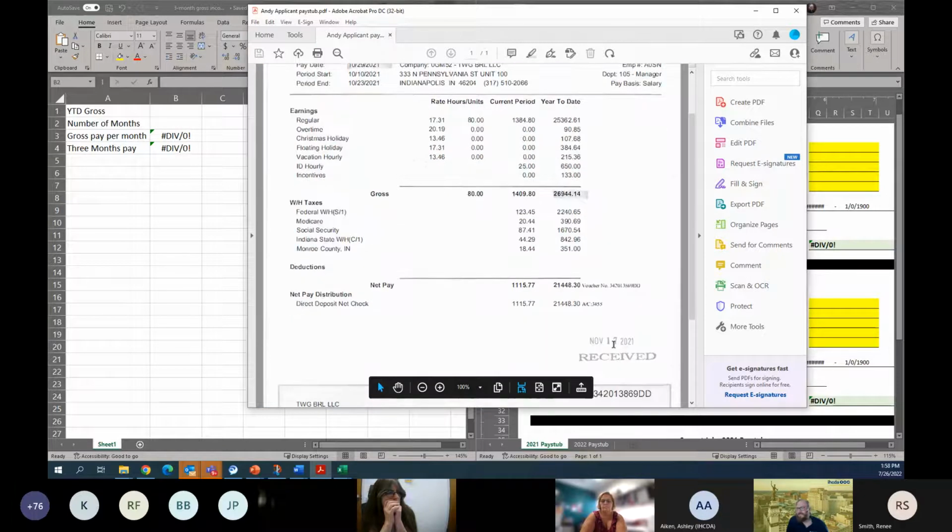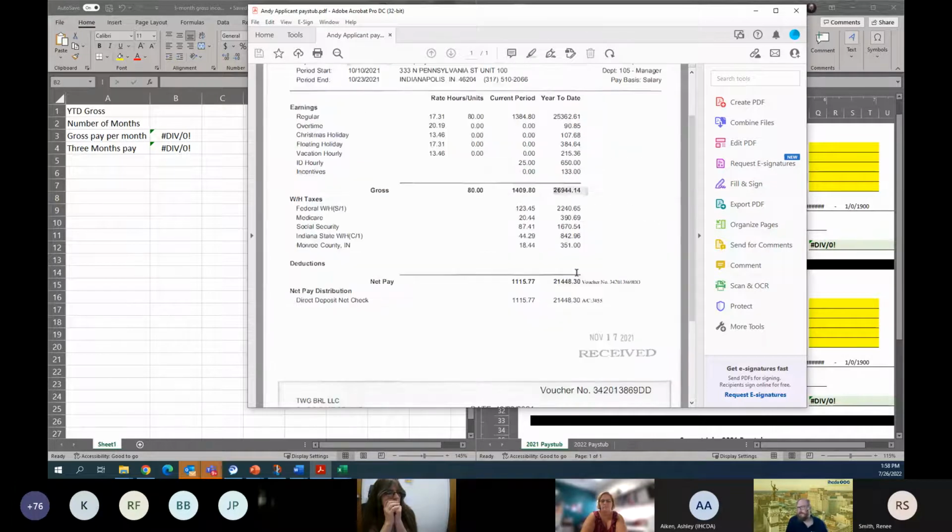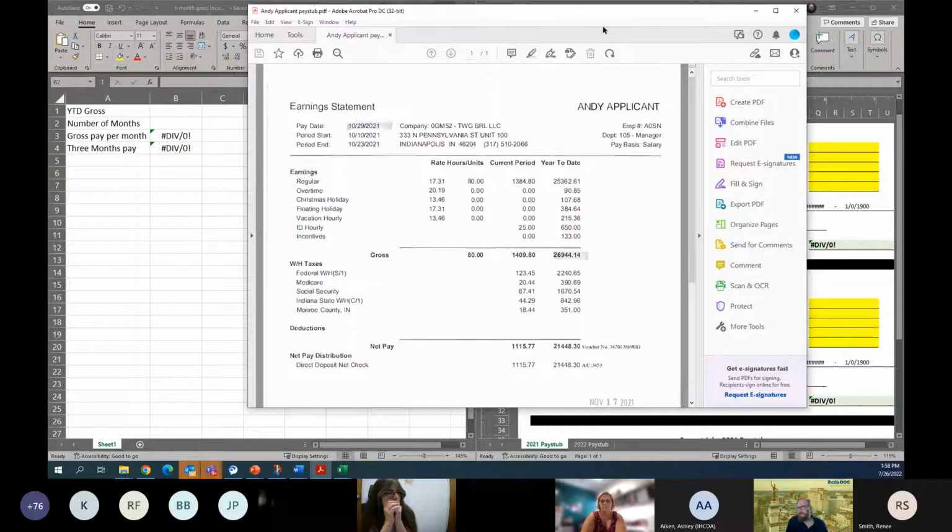As you can see, it is date stamped November 17th, 2021. I have changed the applicant name and address to preserve anonymity.